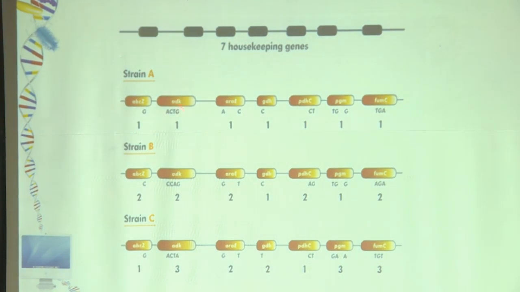Instead of G, they found C. So they made a multiple alignment again. It is the same multiple alignment. Instead of G, they found C, and the rest all the same. So instead of assigning the number 1, they assigned the number 2. So this is the allele number. You come to strain C, they found G again, so they assigned number 1 again.